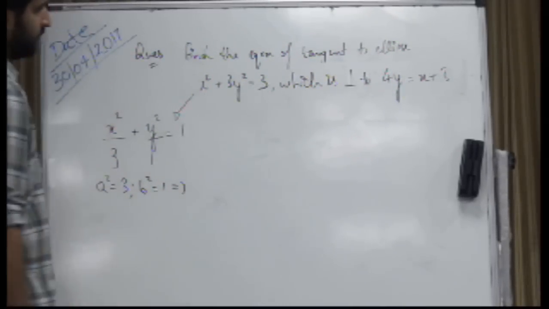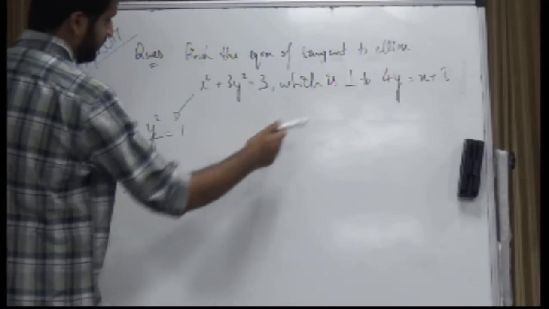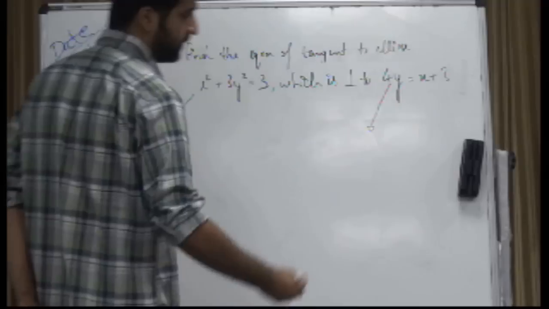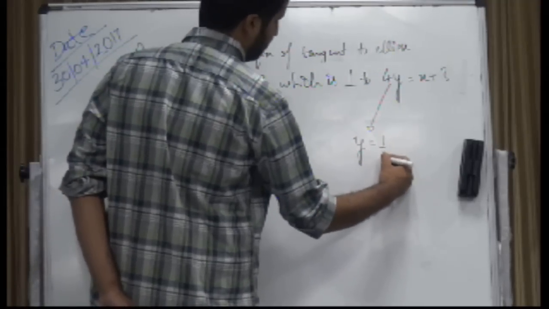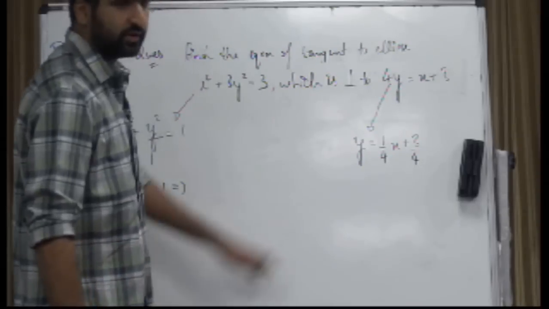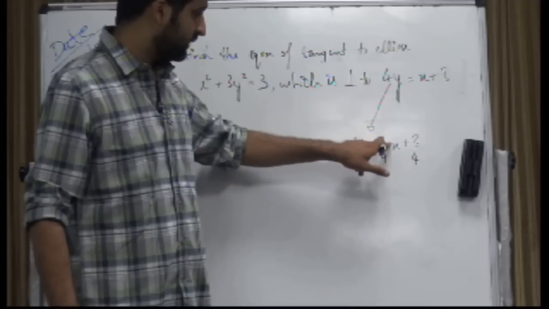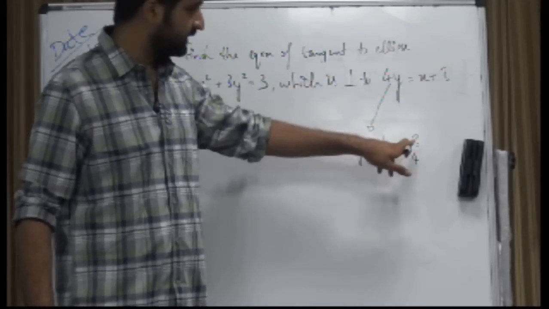Okay, and we know that, yeah. So here you can see, what is the slope here? y is equal to 1 by 4 x plus 3 by 4. So if you compare this equation to y is equal to mx plus c, you can see that the coefficient of x will be the slope and this will be the y-intercept.